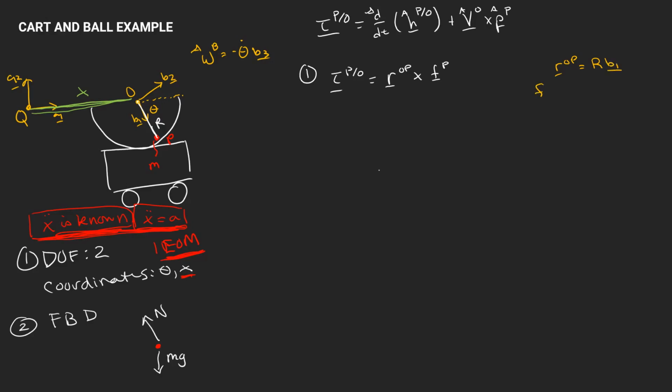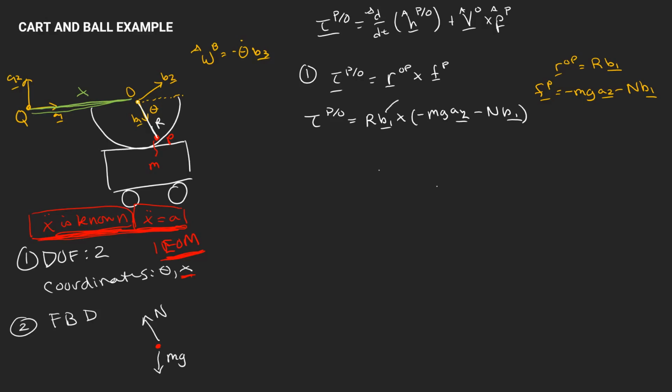And according to our free body diagram, force is equal to negative mg in the A2 direction minus N in the B1 direction. So we can write torque as being R B1 crossed with negative mg A2 minus N B1.